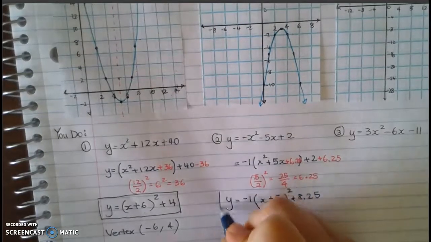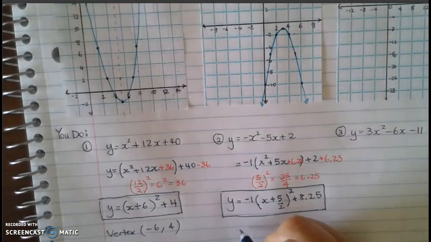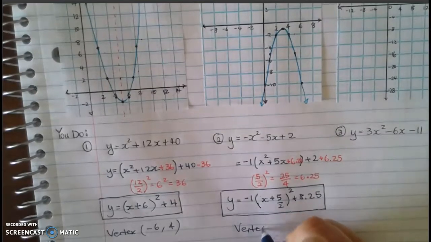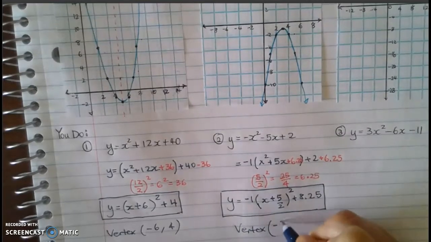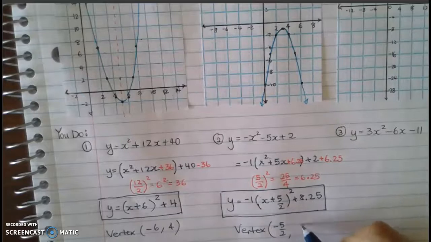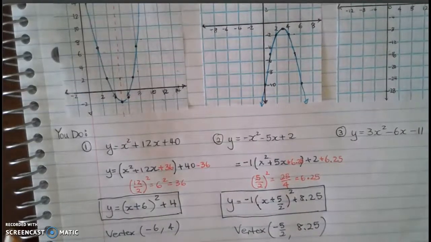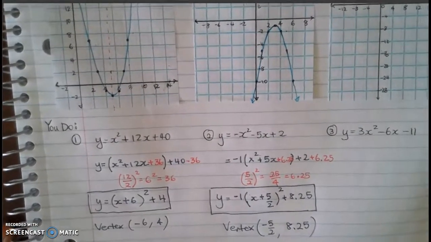So that's my equation in vertex form. And so the vertex is negative 5 over 2. Remember, it's the opposite sign of whatever the number is inside the parentheses, comma, 8.25. Okay, so that's the two practice problems that you should have been able to solve.